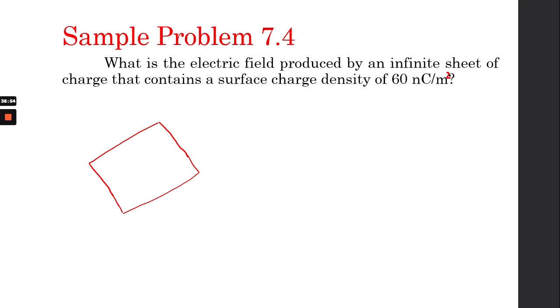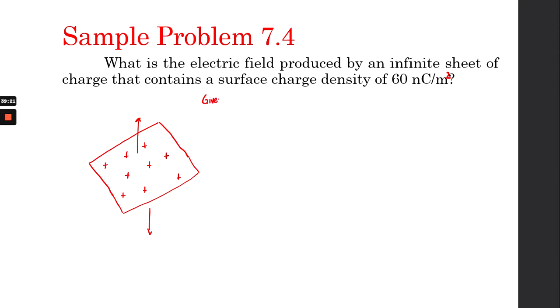So what is the electric field produced by an infinite sheet of charge that contains a surface charge density of, so we have a sigma of 60 nanocoulombs, and all of these are positive. So there is an electric field going up and going down, right?